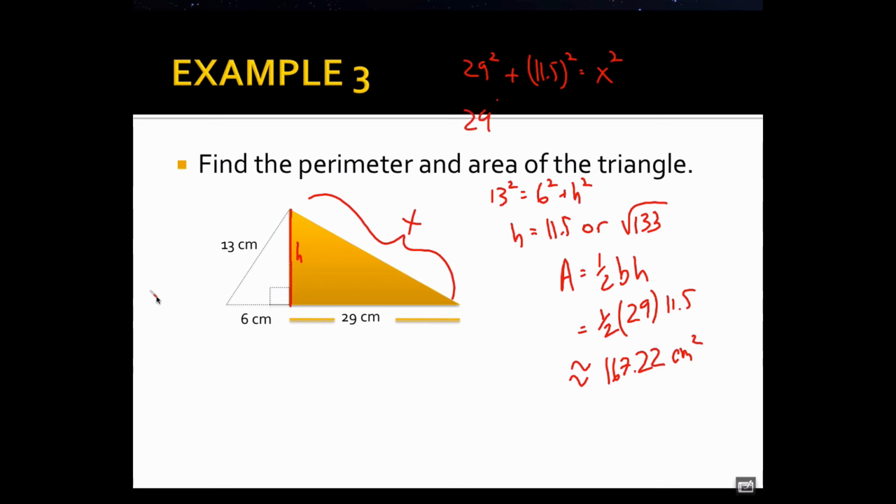Or 29 squared plus the square root of 133 squared equals x squared. If you use the stored value and square it, you're fine, because if you pull up that squared value and square it on your calculator, you'll get back to 133. If you use the approximate value, you're okay, because what's the square root of 133 squared?